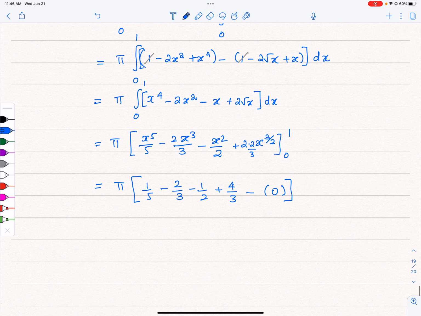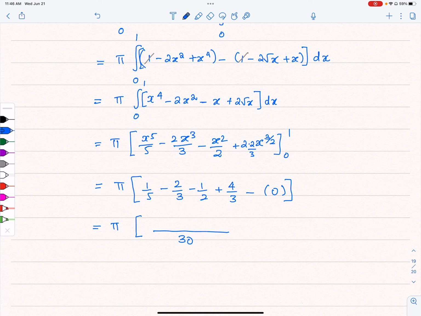And if you do that, what do we get? We get pi times, the common denominator is 15, and I have a 3 minus 10. No, it's not 15, the common denominator is actually 30 as a matter of fact. So how much is that?